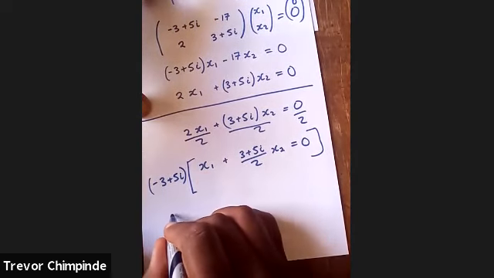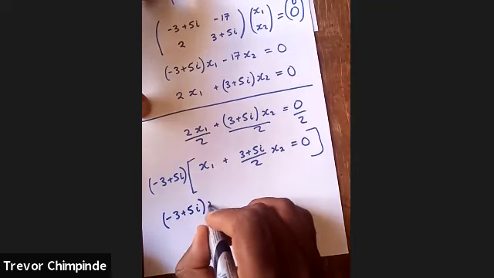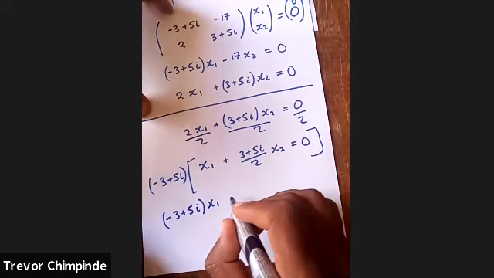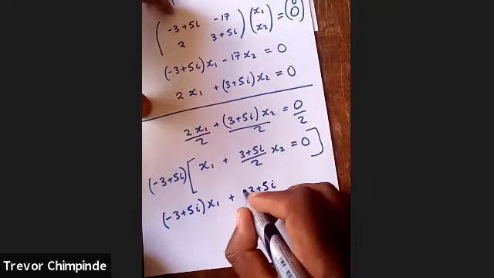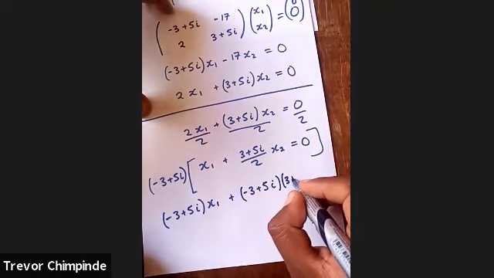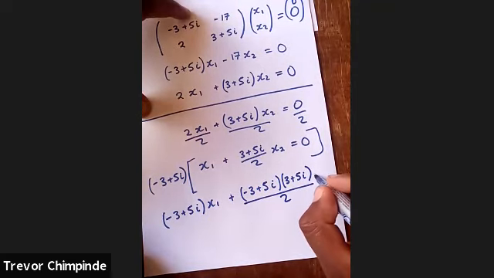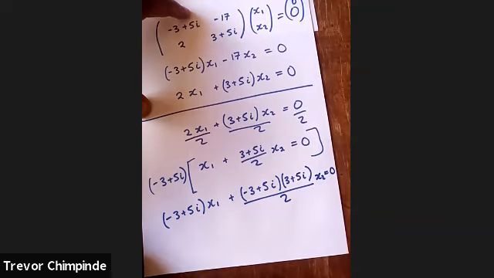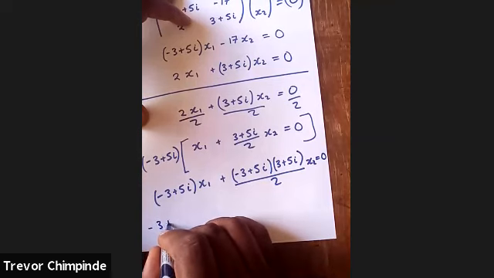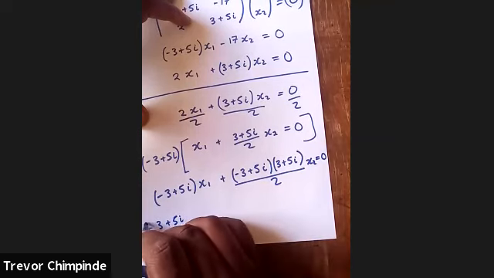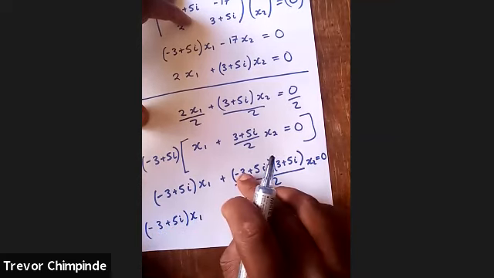Multiplying by x1, I get (-3 plus 5i) x1, then plus (-3 plus 5i) times (3 plus 5i) over 2, x2 is equal to 0. So this is (-3 plus 5i) x1, and we open the brackets here.